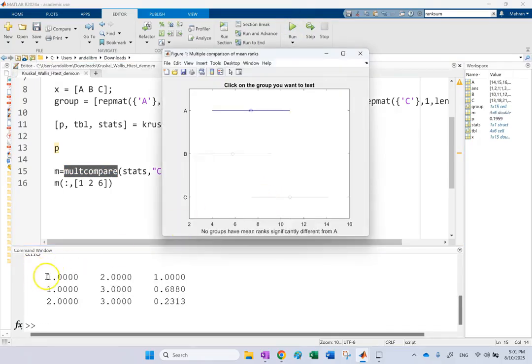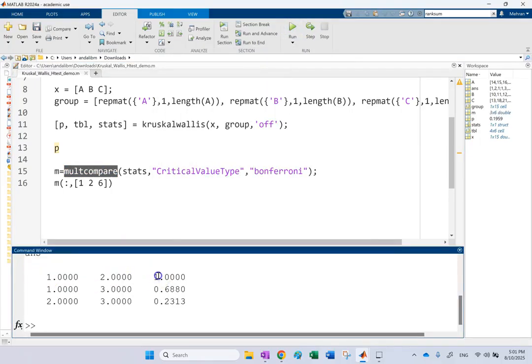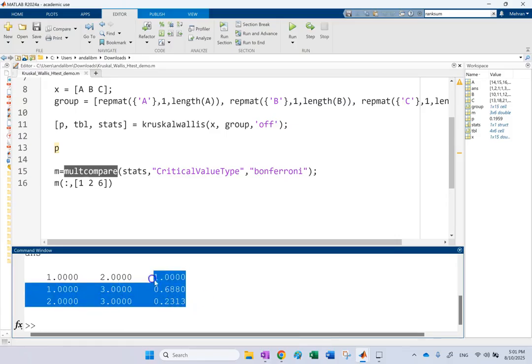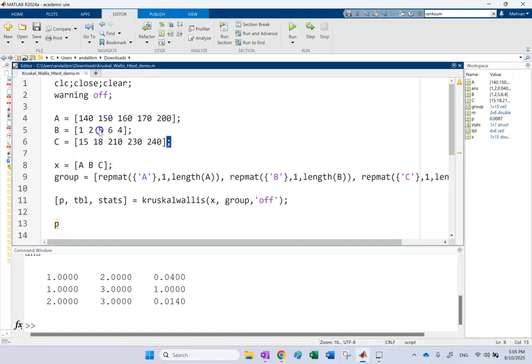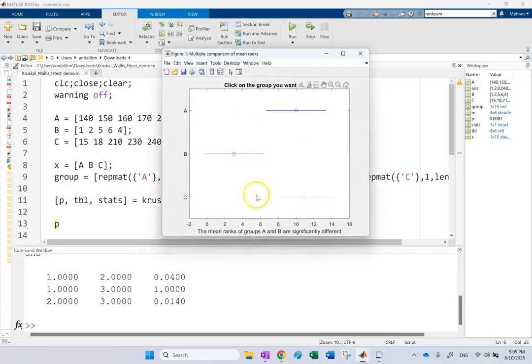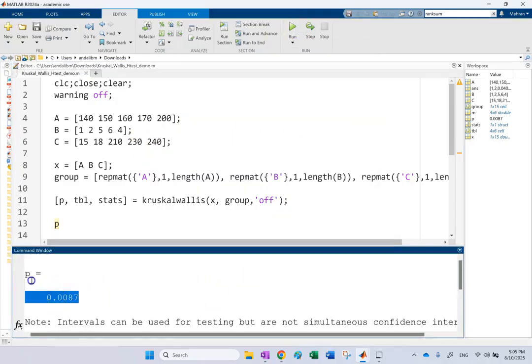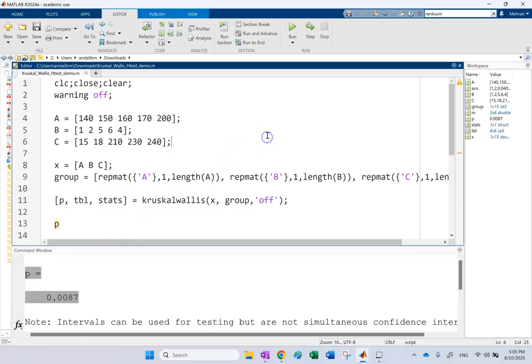Look. So you see, pair 1 and 2, their p-value is 1, way bigger than 0.05. Pair 1 and 3, 0.68, pair 2 and 3, 0.23. So none of these numbers in the third column is below 0.05, so of course none of the groups are different. Now, if I go ahead and change my numbers and rerun the test, you can see that with these numbers, first of all, my p is clearly way less than 0.05, so there is a significant difference.